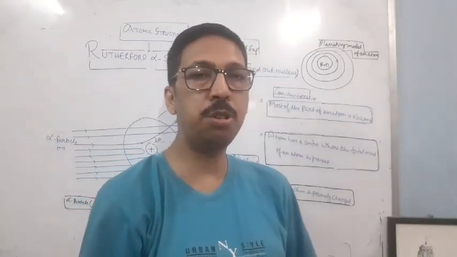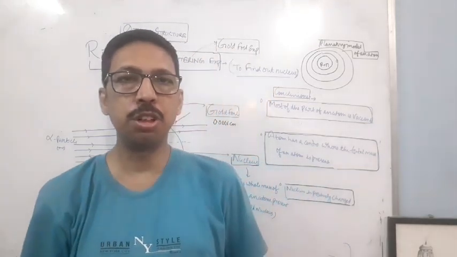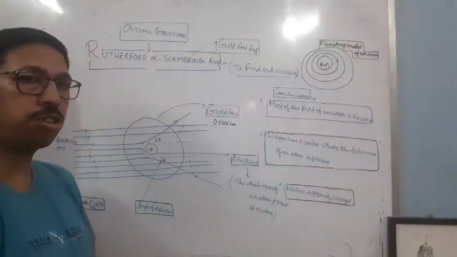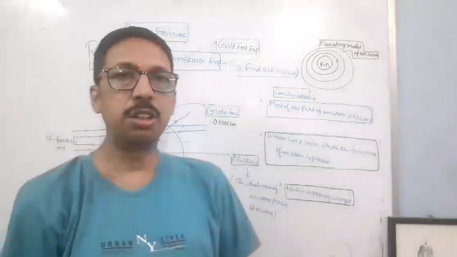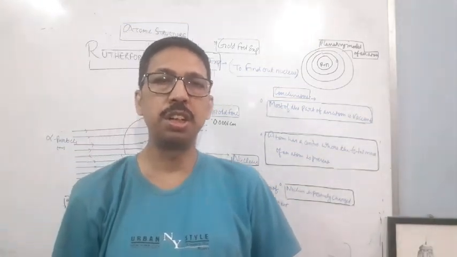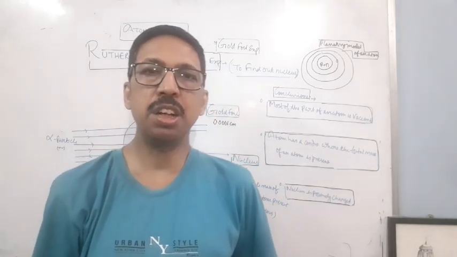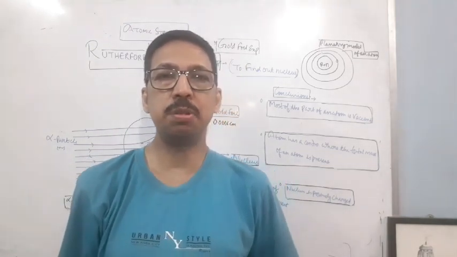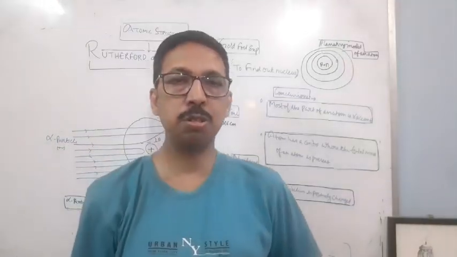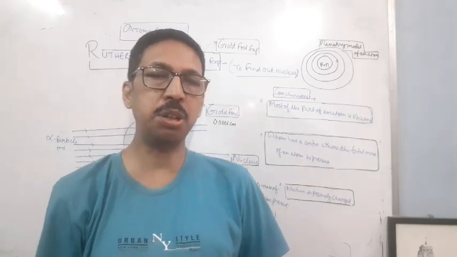Now, there are some drawbacks or limitations of Rutherford's atomic theory. First of all, the first demerit was that Rutherford did not mention the exact number of electrons present around the nucleus in different circular paths. And the second demerit is based on electromagnetic theory.